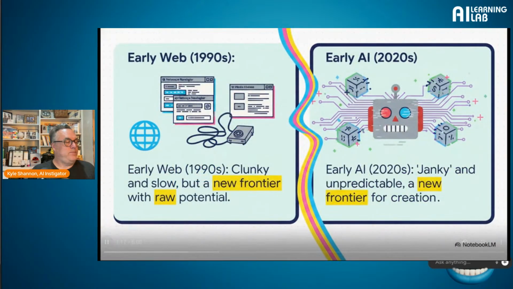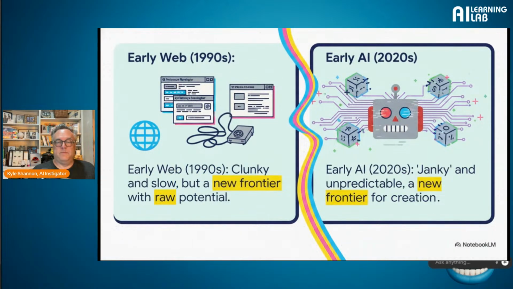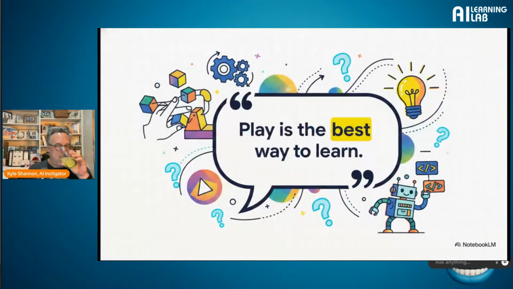And this is what's so fascinating. That feeling was so familiar. If you were around in the 90s, you know what I'm talking about. The AI tools were described as janky and unpredictable, just like those early web pages. But just like the web, they were absolutely overflowing with this raw, untapped potential. The web democratized information. This was democratizing creation itself. And that was the whole philosophy. That was it. It wasn't about making perfect, polished products.